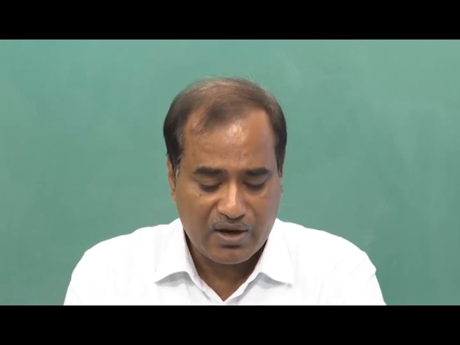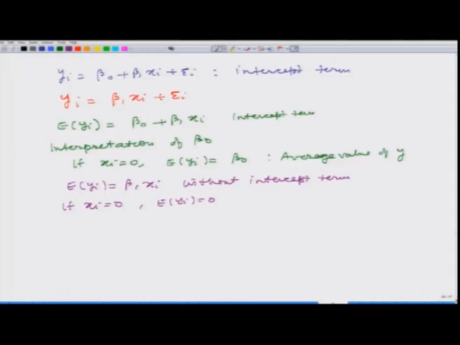In that case, I would like to have a model with an intercept term. On the other hand, say y is the luminance of a bulb and xi is the current. We all know that when we switch on the switch, some current goes into the bulb and the bulb glows.